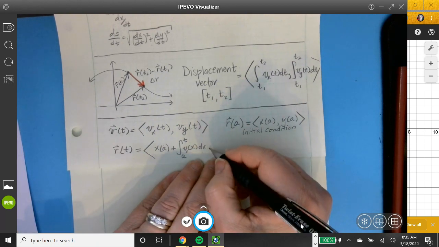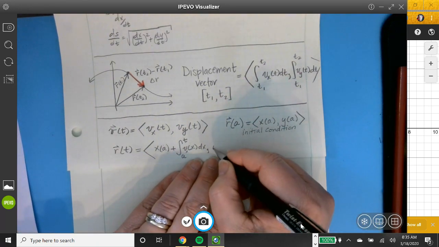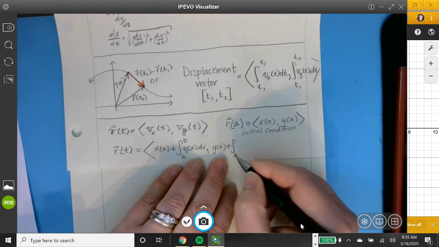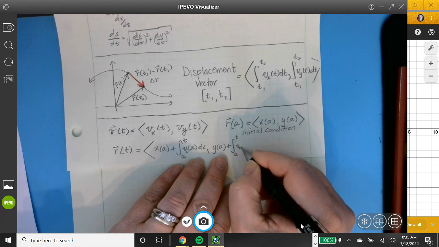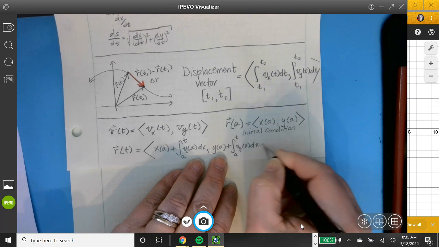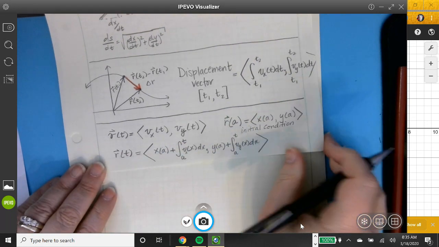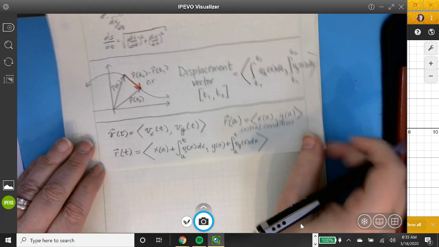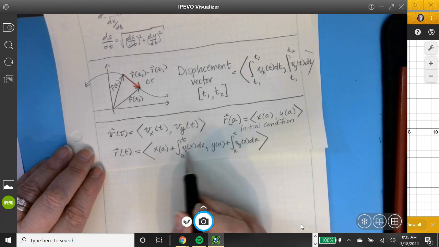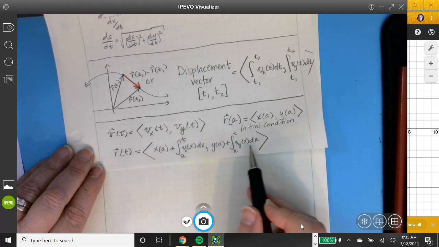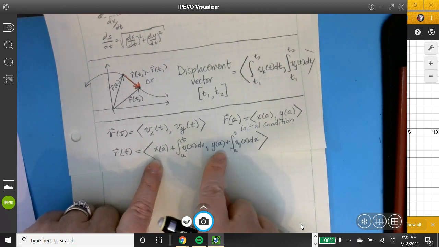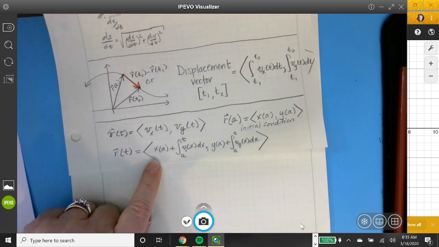I've got way too many x's here, comma, the initial condition in the y direction of y of a plus the integral from a to some t of the velocity in the y direction. So it's like two accumulation functions here. So you're accumulating how far you're going in the x direction and how far you're going in the y direction, and adding it to where you started. And this would be the position vector for that, okay?